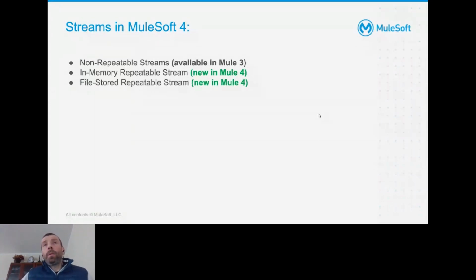It was available in Mule 3, for example. Those 2 are new. I mean, in-memory repeatable stream and file-stored repeatable stream are new to Mule 4. They are very interesting. I will, of course, be talking about them in the next slides. So let's start with this non-repeatable stream.